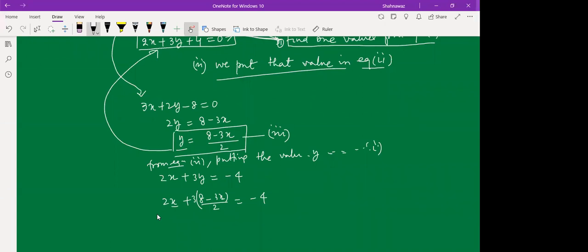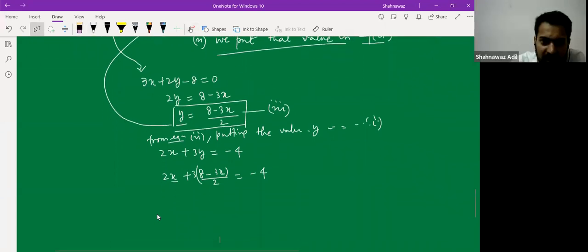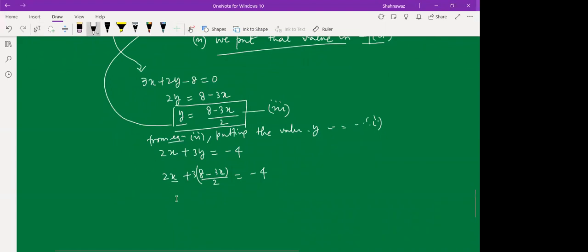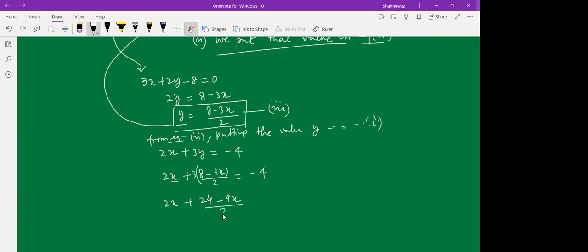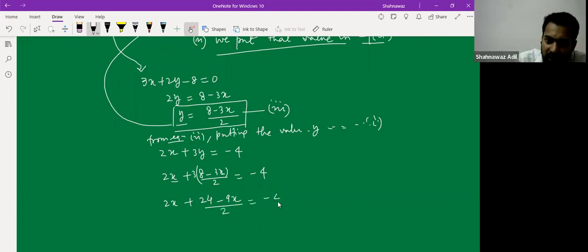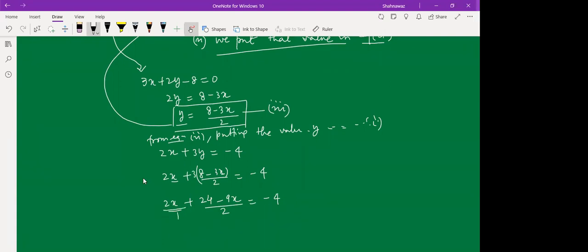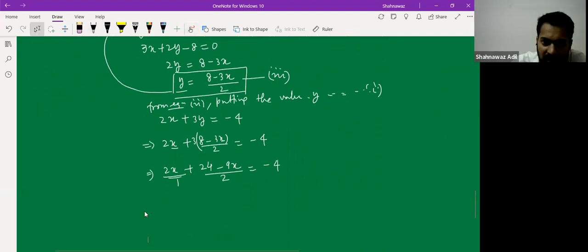So remember that we were solving for x. So this will be 2x plus 24 minus 9x by 2 is equal to -4, right? And now we will take the LCM, right? So this is 1. What will be the LCM of 2 and 1?